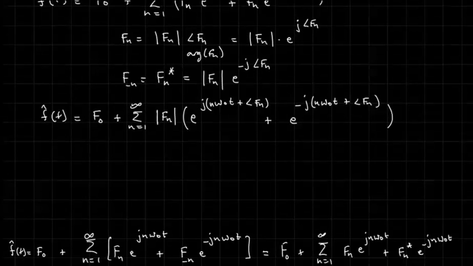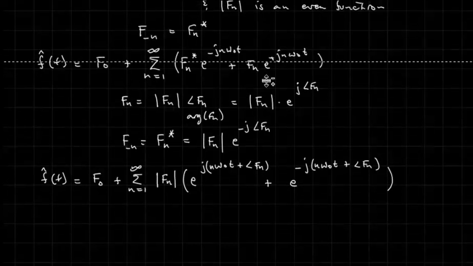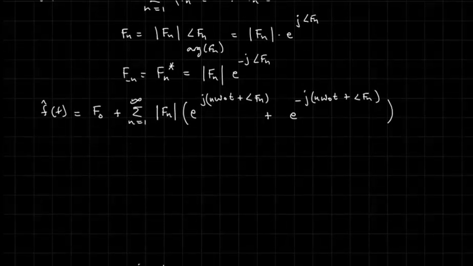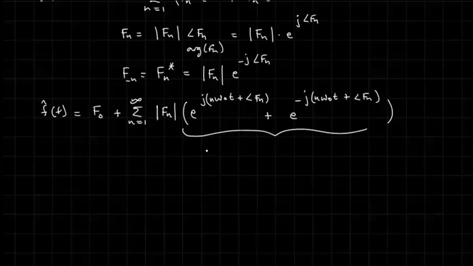Okay, and now what we recognize is that this term here is equal to 2 times the cosine of n omega naught t plus the angle of f of n.